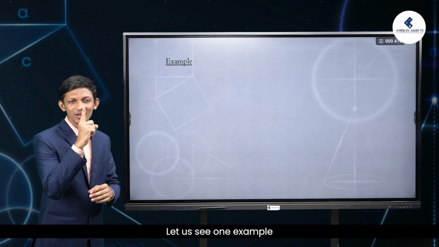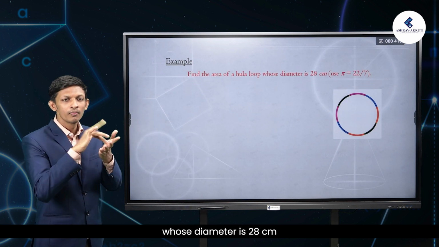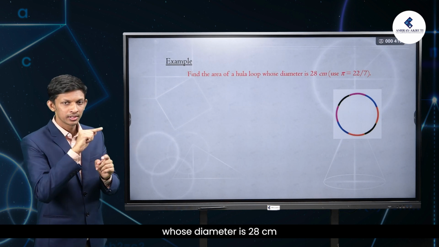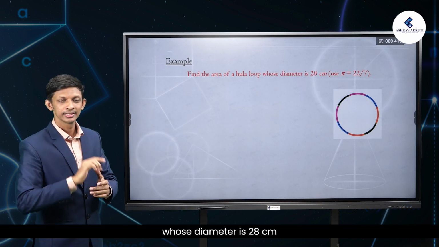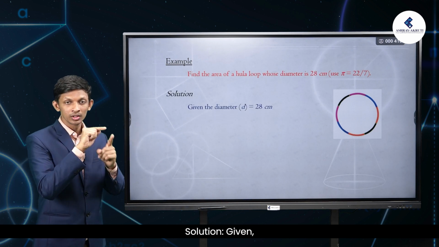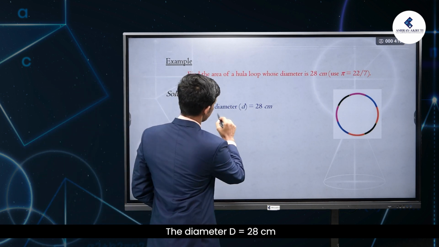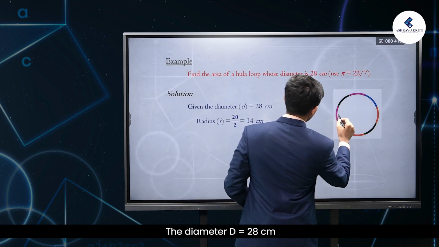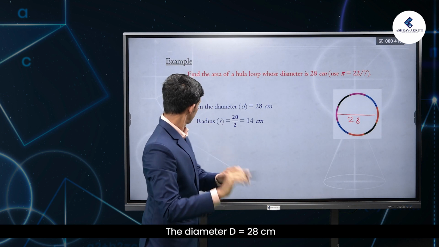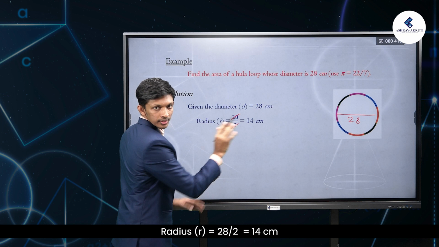Let us see one example. Find the area of the hula loop whose diameter is 28 cm. Solution. Given the diameter D is equal to 28 cm. Radius R is equal to 28 by 2, which is equal to 14 cm.